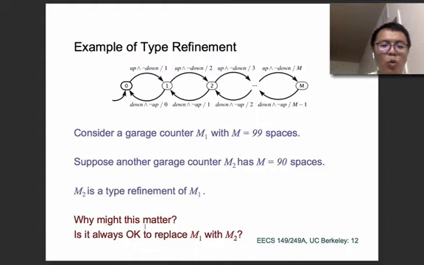And why is M2 a type refinement of M1? Well, because the output produced by M2 is up to 90 spaces, and it won't be expected by the environment if M1 works, because M1 gets 99 outputs, 99 spaces.